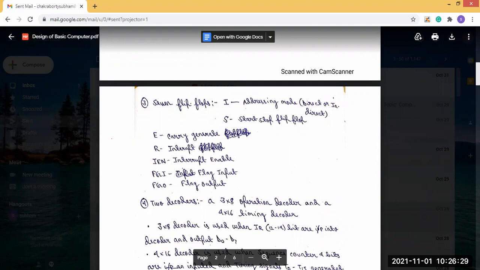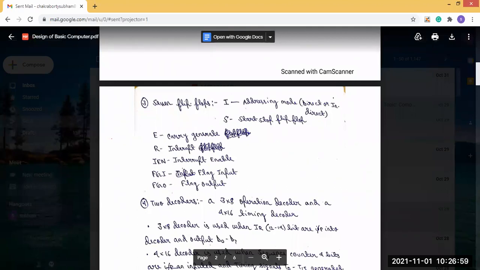We can call it a timing decoder also, because the input comes from the 4-bit sequence counter into the 4 into 16 decoder, and a total of 16 timing signals are generated, which go to the control logic gates, that is, the combinational control logic.